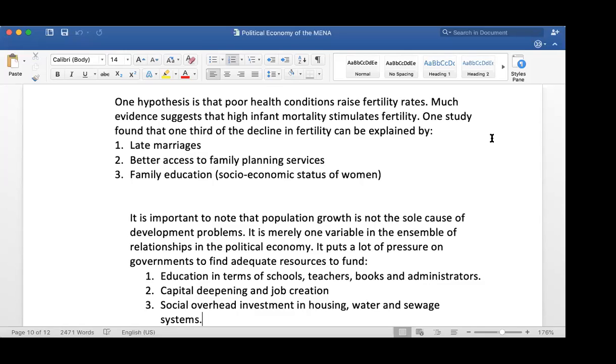Basically demographics here has to do with population growth, and the challenges that the MENA region faces as a result of this rapid population growth. And we talked about that last time.